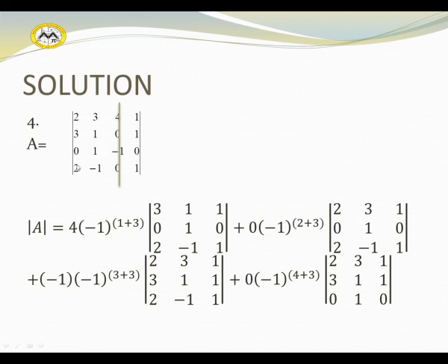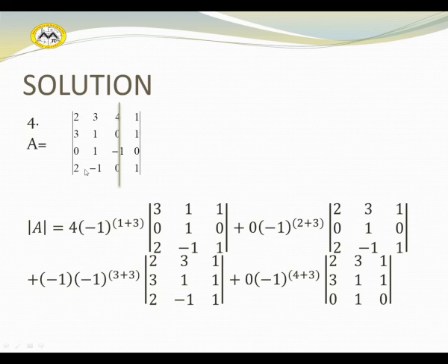Plus, then the next one is, we have to delete the third row, third column. So then the element is negative 1, to be multiplied by the cofactor, which is negative 1 raised to third row, third column, and multiplied by the minor, where the elements remaining when we delete the third row, third column are 2, 3, 2, 3, 1, negative 1, and 1, 1, 1.